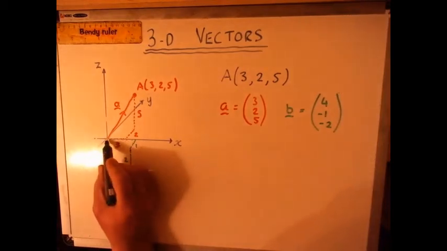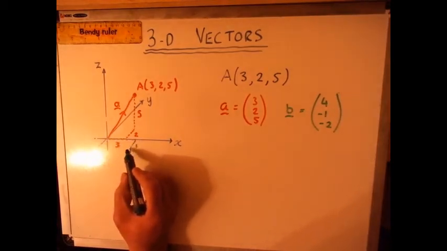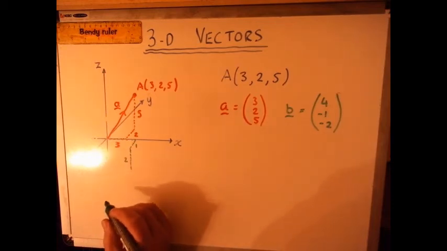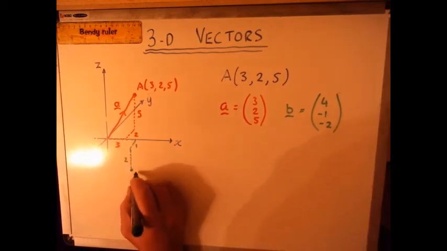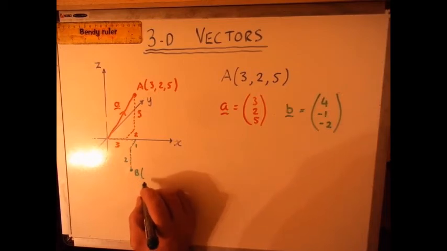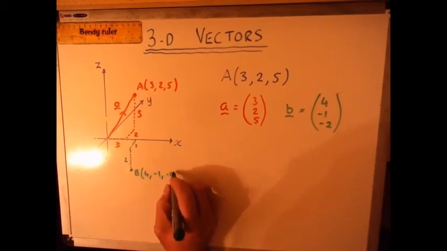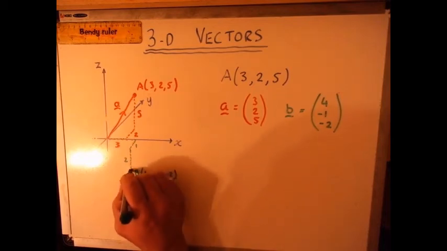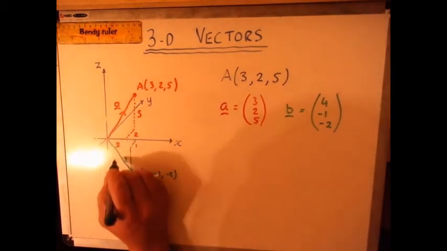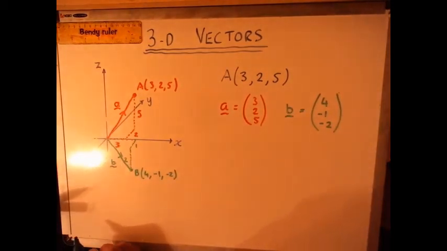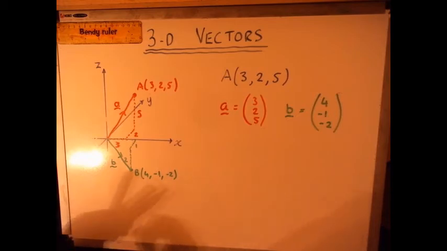So that would be me 4, -1 off my board, and then -2 vertically down. So this is my point B here. That would obviously have the coordinates 4, -1, -2, and its position vector from the origin, something like that.